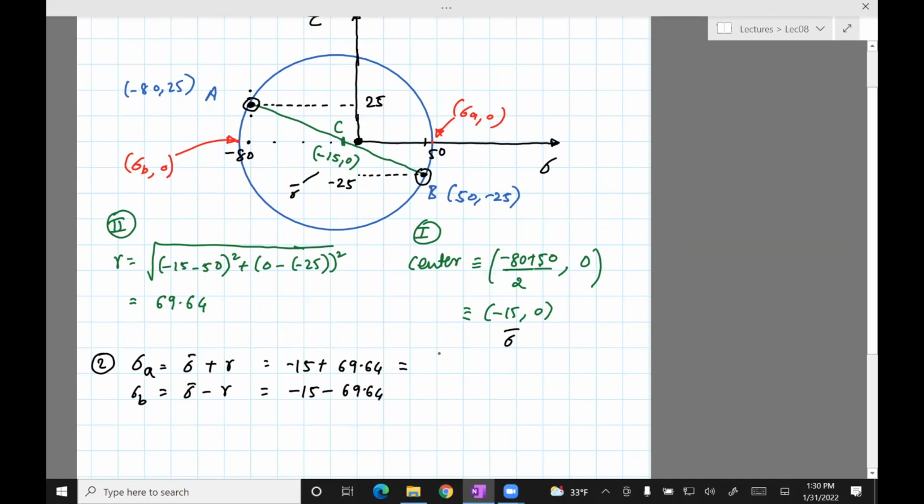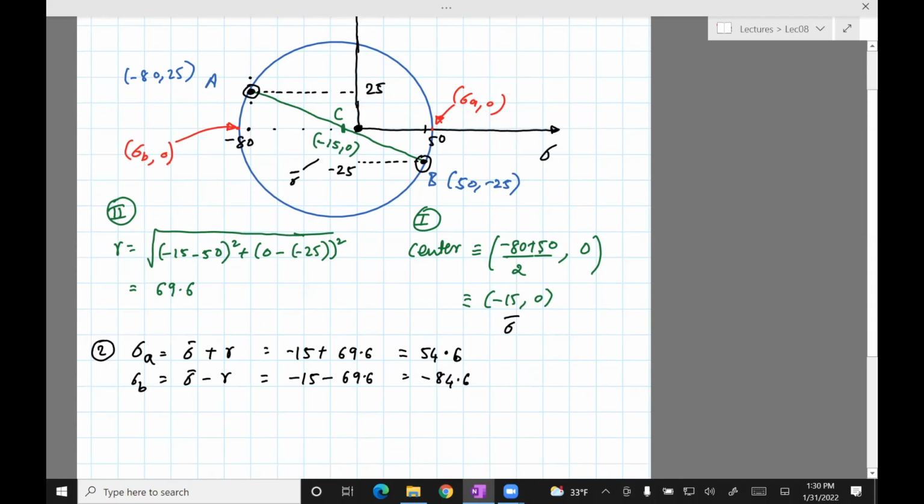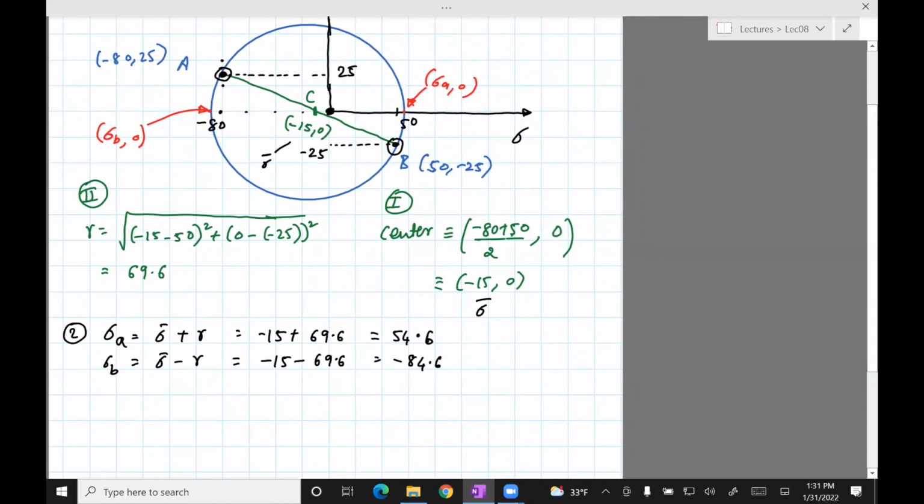This comes out to be 54.6. Yeah, and so I've also shown it on the plot.